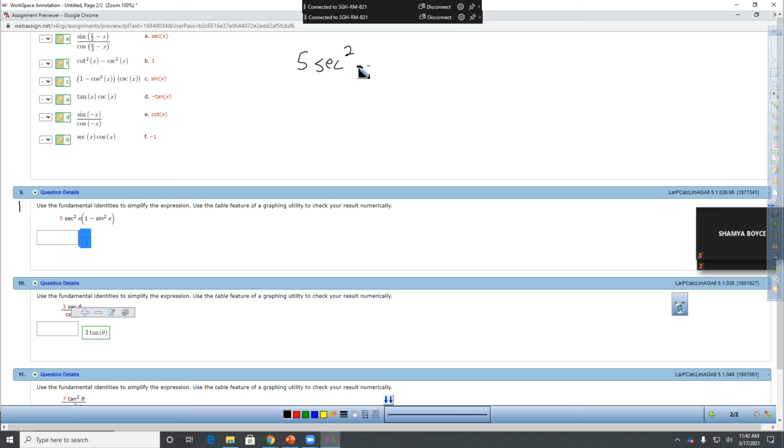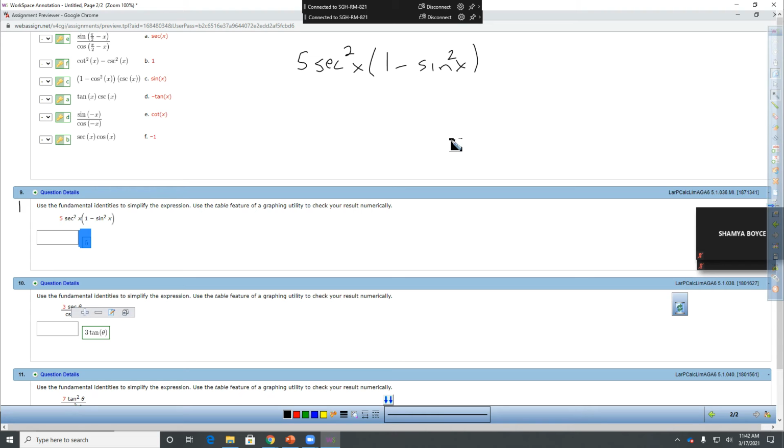It's got 5 secant squared of x, 1 minus sine squared of x. And they want us to simplify. Okay. So what I've got to do, this is where I'm talking about it's sort of like a puzzle. I need to look on there. Is there some way I can get a secant squared to cancel, or can I get the sine squared to cancel? And things like that.